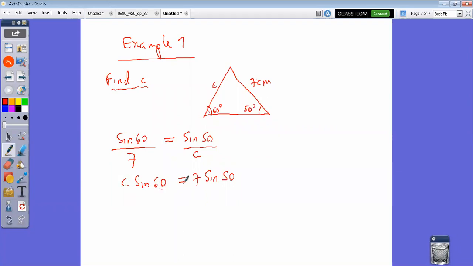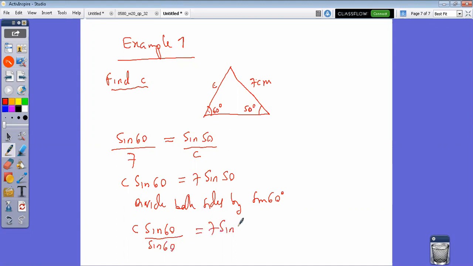Then the next thing is divide both sides by sine 60, because what I want is to find C. So I'm saying C sine 60 divided by sine 60 is equal to 7 sine 50 divided by sine 60. Are we together then? Use your calculator.